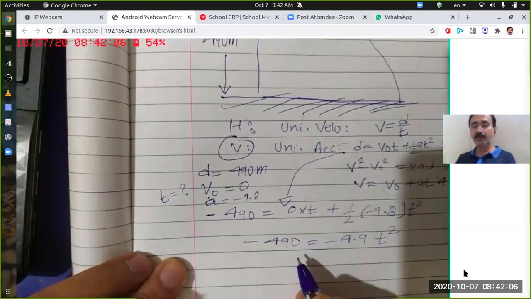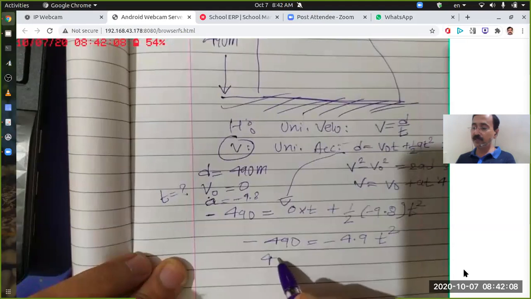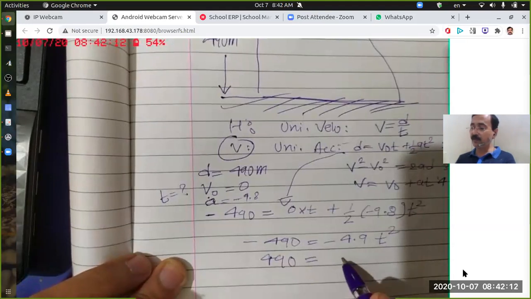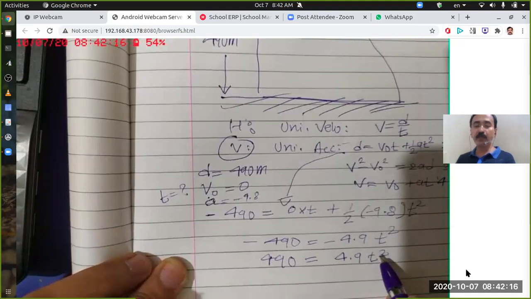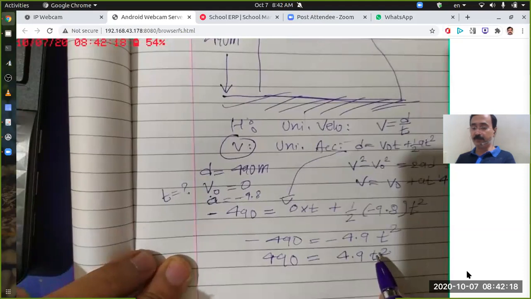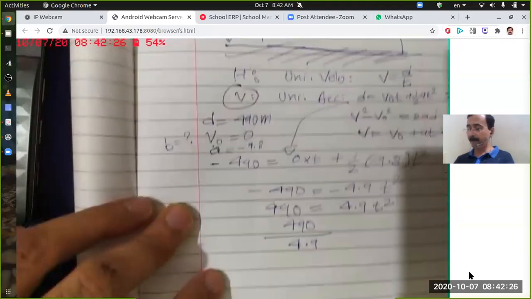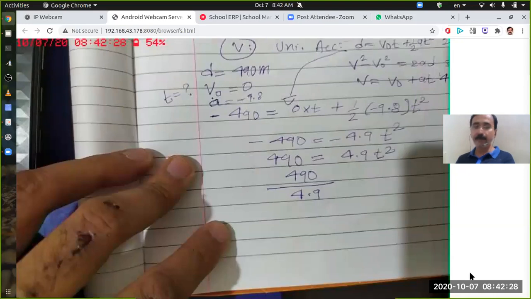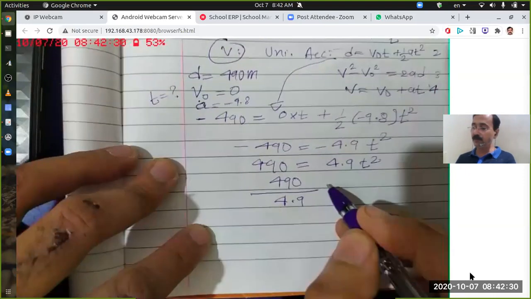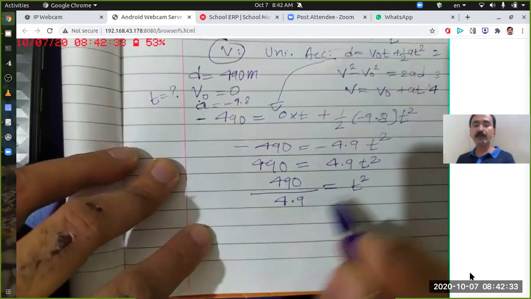Understood? So 490 equal to 4.9. Both sides are made positive. So 490 divided by 4.9 equal to t square.